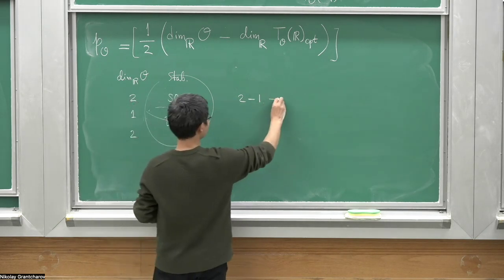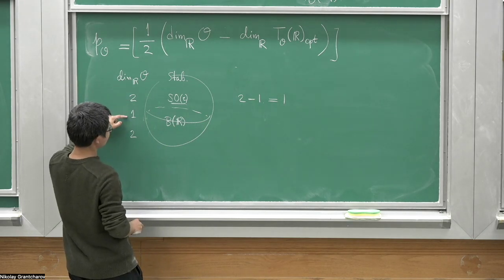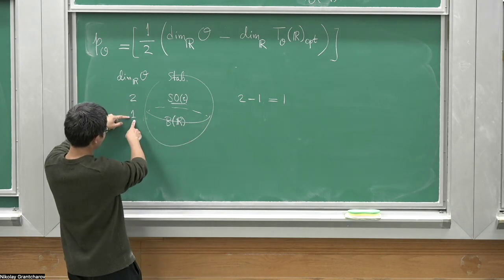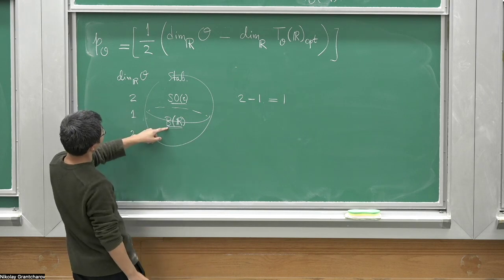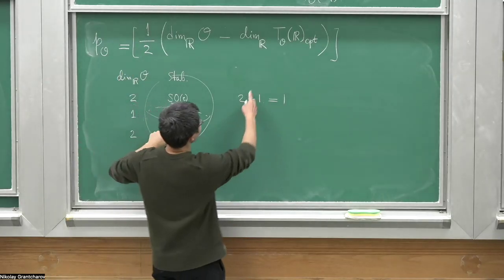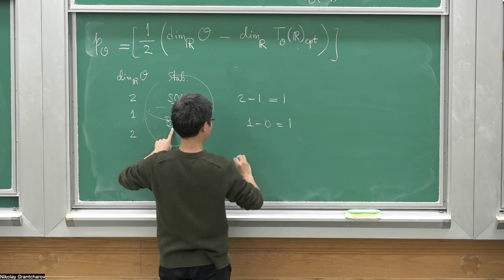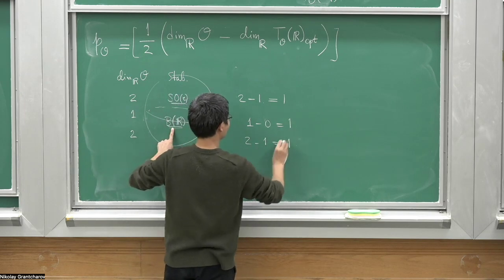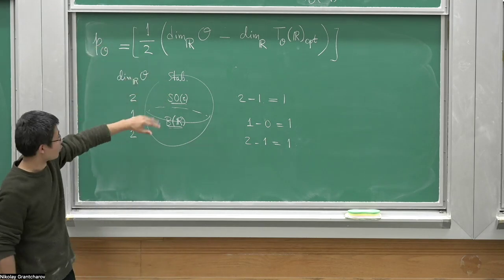I adjust this dimension, then divide by 2. Along the equator, this is the Borel, and it has a split torus. So there's no compact part, just 1 minus 0. So the upshot is that I get the same number for all 3 orbits.